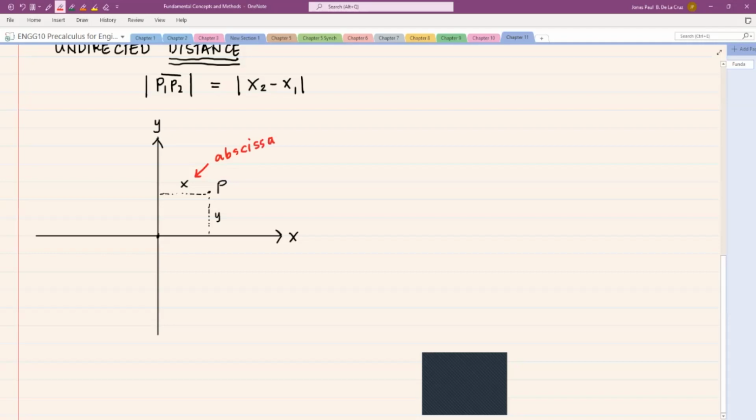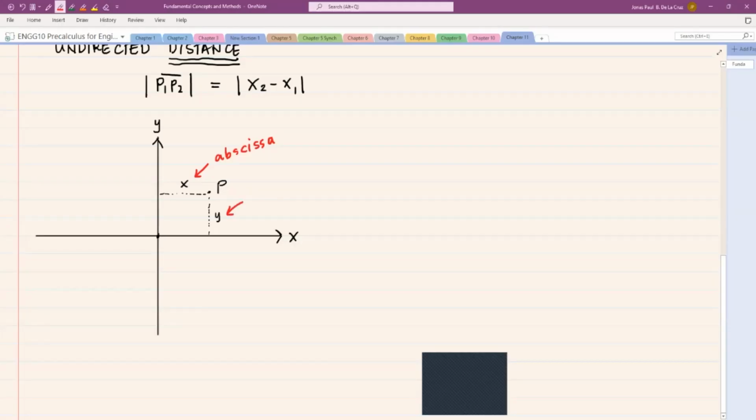Ganyan. Abscissa. This is the abscissa, what we call. The x-coordinate is the abscissa, and the y-coordinate, itong y-coordinate is called the ordinate. Okay? So the x-coordinate is the abscissa, the y-coordinate is the ordinate.